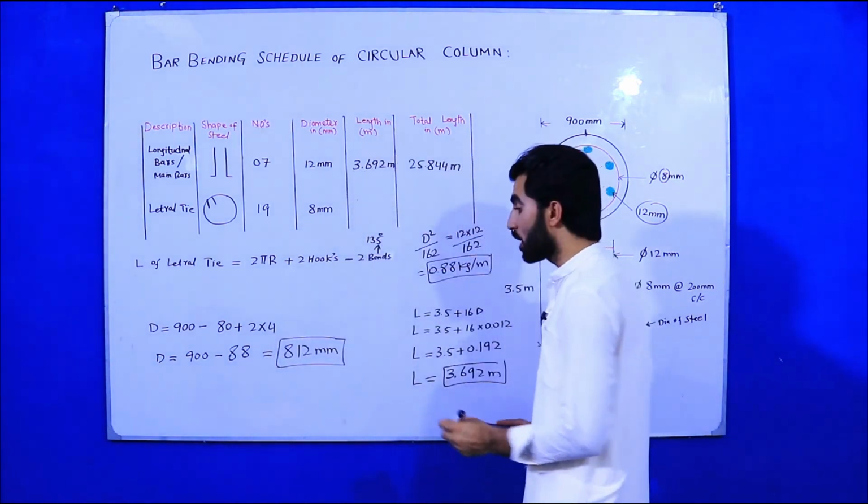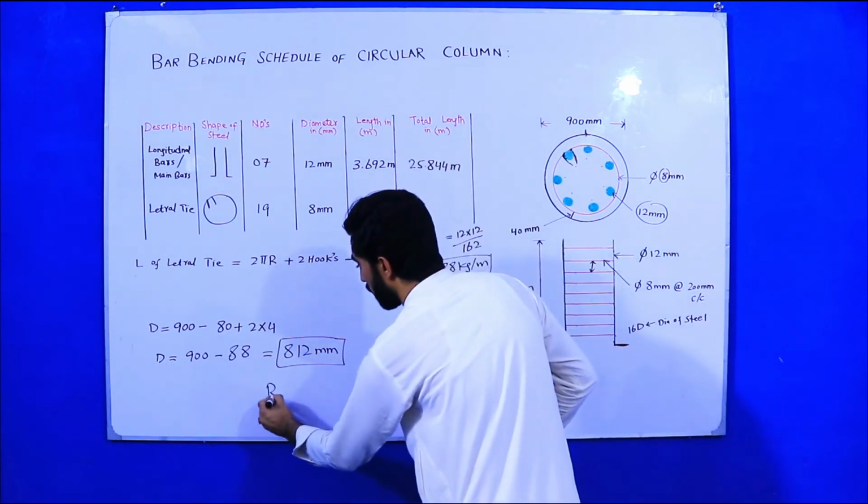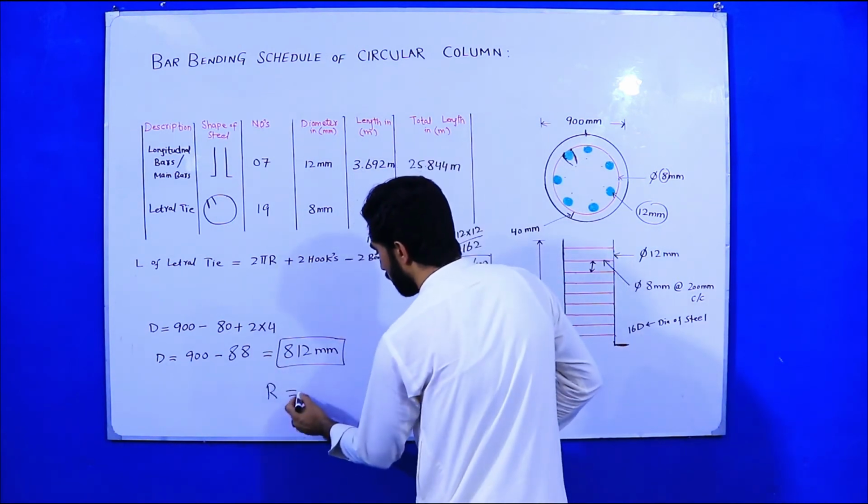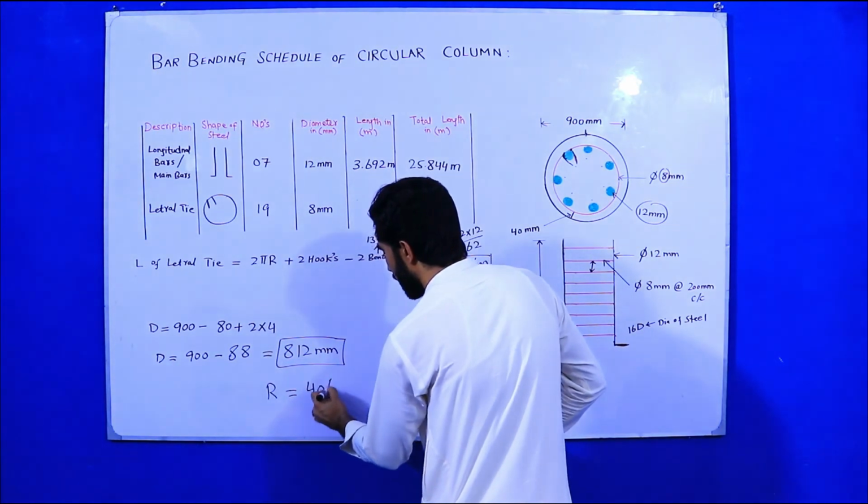Now, guys, what is the radius? This is the diameter, so the radius becomes half of this, which is 406 millimeter.